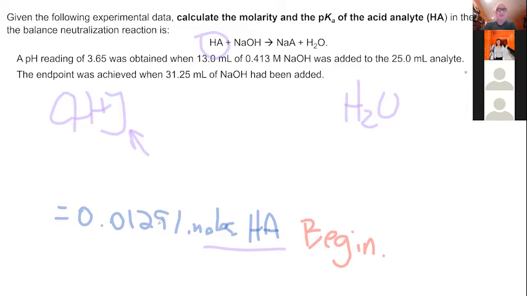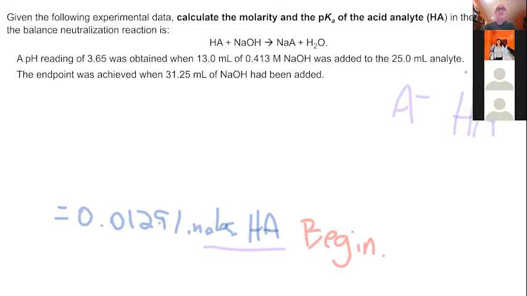So the pH really isn't going to help me right here. Let's ask it another way. I need to figure out two things. I need to figure out how much conjugate base is there, as well as how much weak acid is left. How would I figure out how much conjugate base is present at this point?